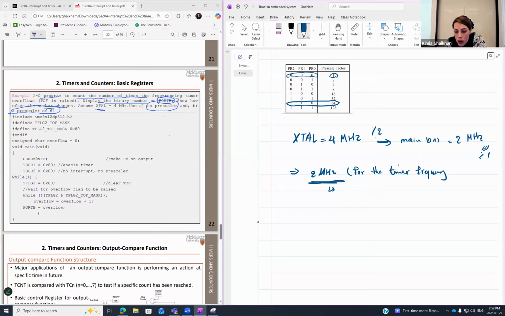Timer frequency is 2 megahertz, right? And 2 megahertz means 0.5 microsecond. Why is that? Because frequency is 1 over t, and if I have one of them, I can calculate the other one.